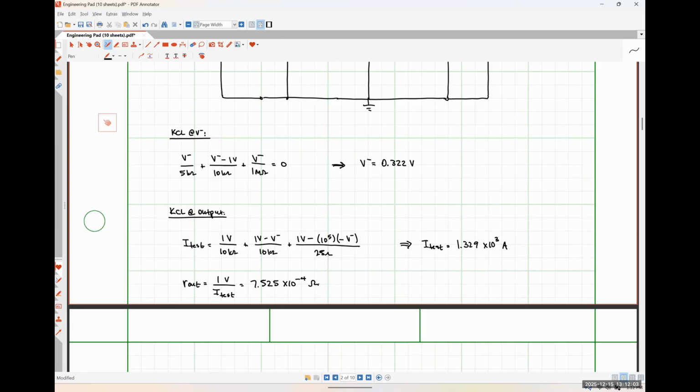So our op amp output resistance was 25 ohms. Our system output resistance is 75 micro ohms. Okay. So we had a very significant decrease in output resistance for our system. Okay. Which again, because we're using this thing as a voltage amplifier, is a good thing.